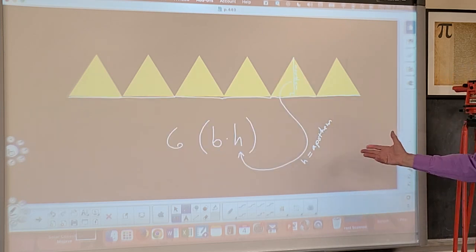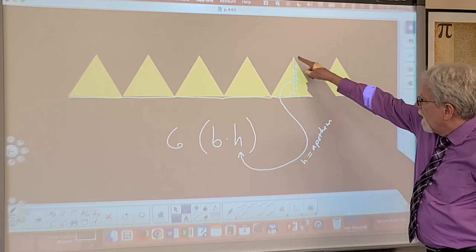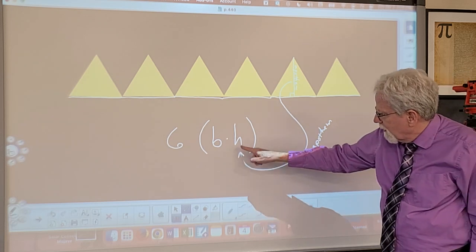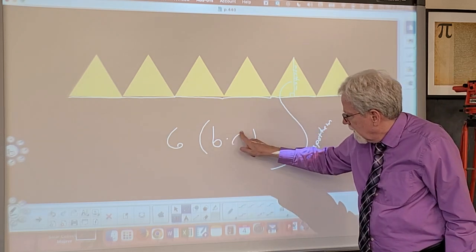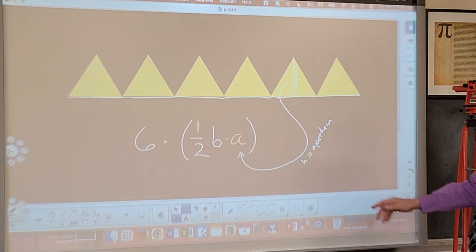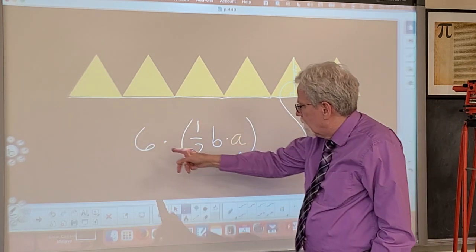Oh, here we have further explanation. The height of this triangle is the apothem, so I can change that h into apothem. And then I have 6 of them, so I multiply by 6.